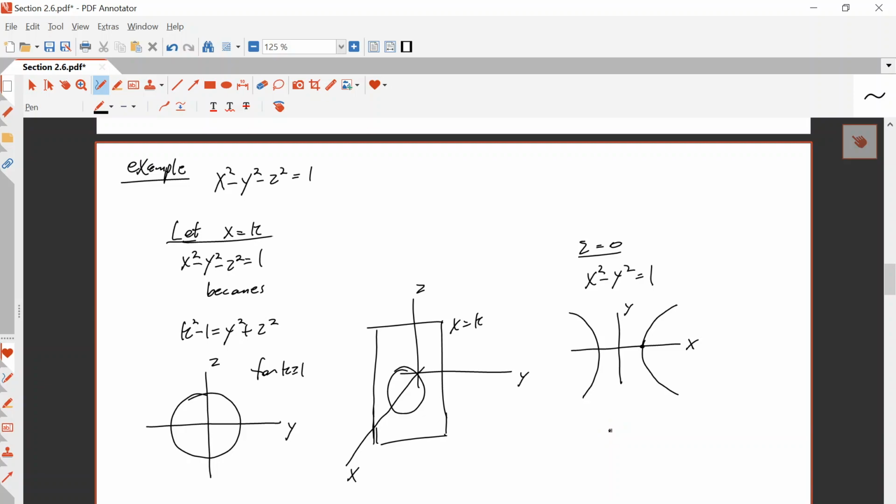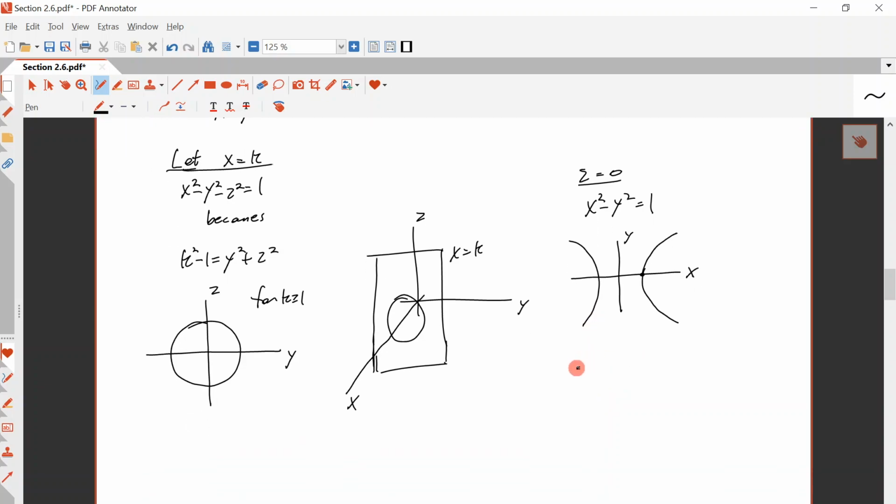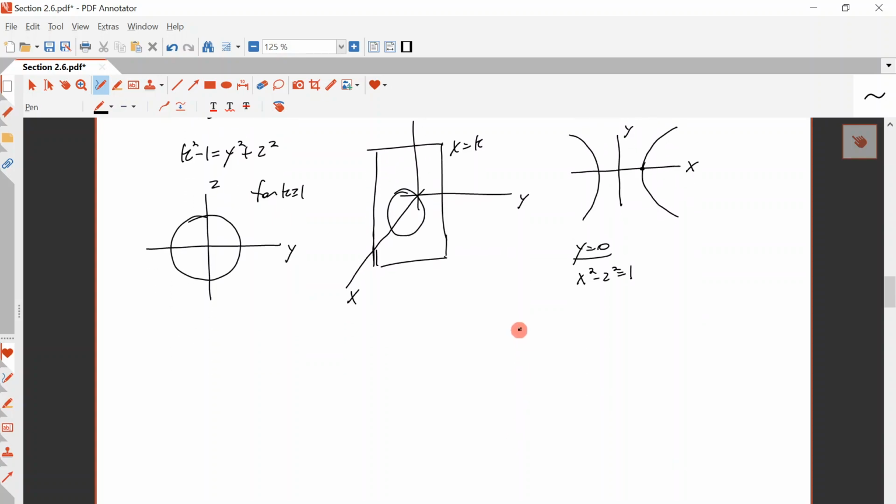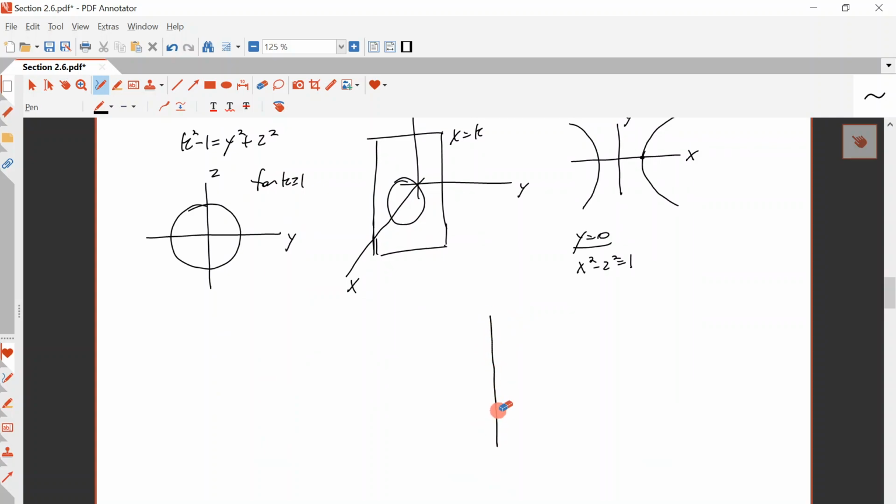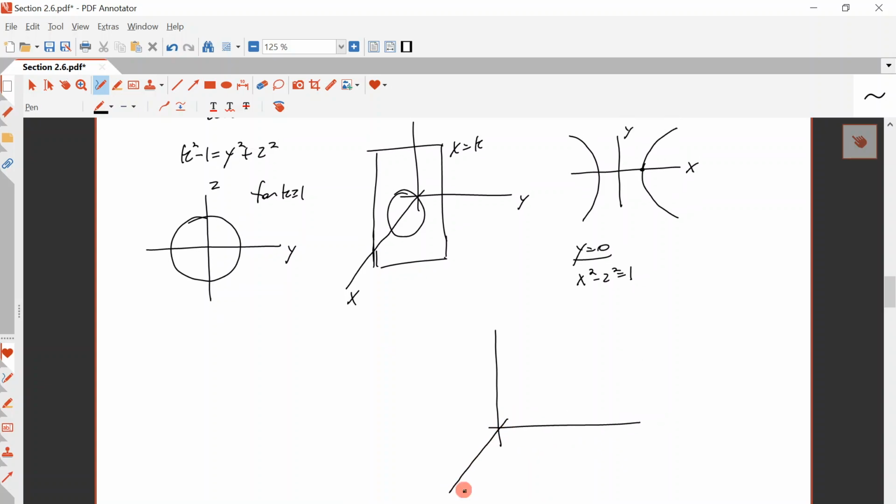And then if I let y equal 0, I'll get a similar picture. Then this becomes x squared minus z squared equals 1. So now putting all these things together here, what do we get? Here's x-axis, y-axis, z-axis. Here's the hyperbola in the xy plane.